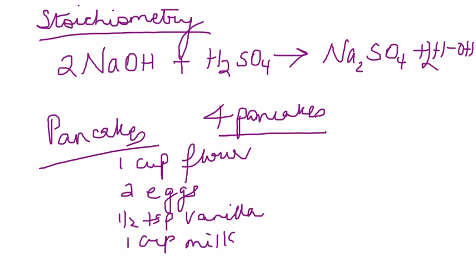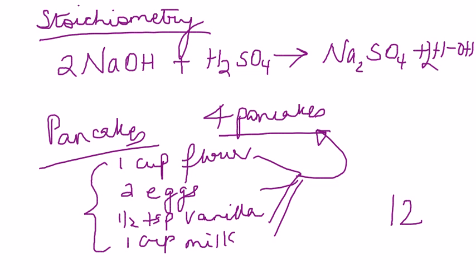Alright, so I know that if I have a cup of flour, I must put 2 eggs, I must use a cup of milk and half teaspoon vanilla. Together, these are going to give me 4 pancakes. So tomorrow, if I wanted to make 12 pancakes, you can envision that you must multiply the entire recipe by 3.